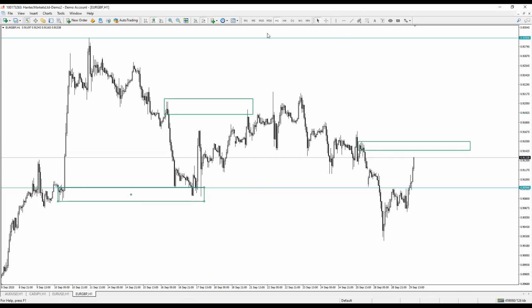It's an H1 supply, okay? We're on an hourly chart. So I would say that would be the decision point right here.